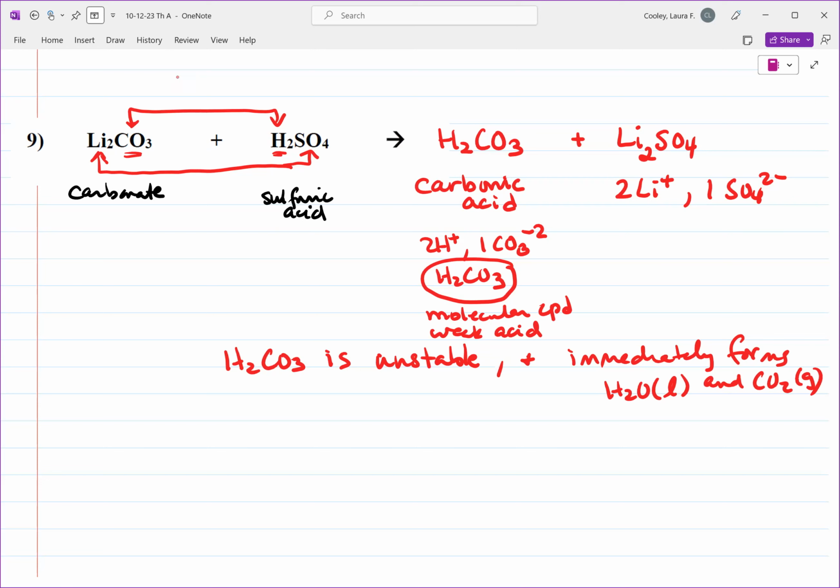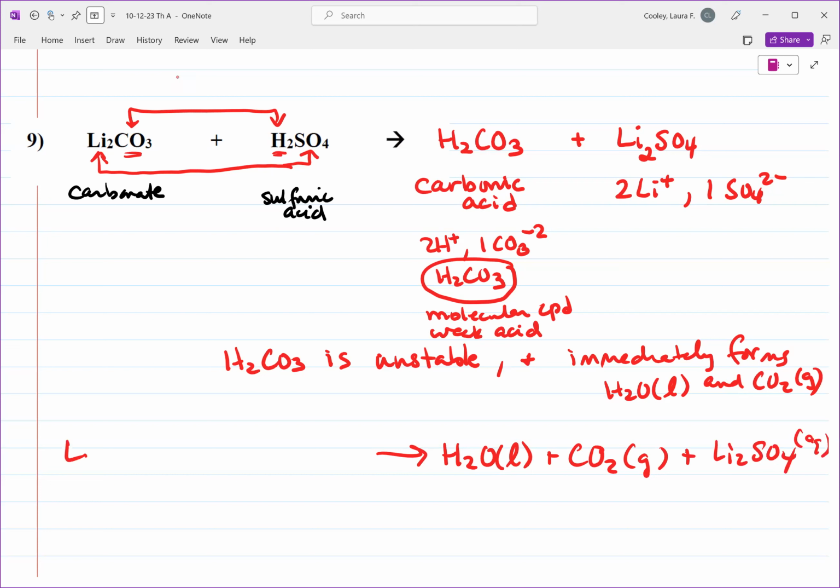You have 2 H's, 1 O from the H2O, 2 O's from the CO2, that makes 3 O's and a carbon. So the H2CO3 ends up forming liquid water and carbon dioxide. So the final products are H2O plus CO2 plus lithium sulfate.